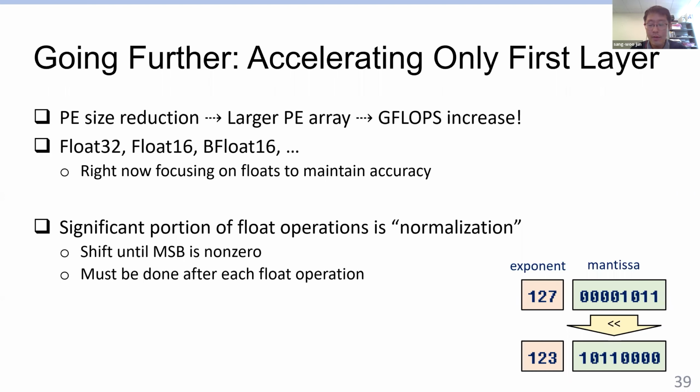If we are to use off-the-shelf floating point operators, then this normalization process with variable shifters must be done after each float operation. And we've noticed that this is a pretty significant chip resource overhead.